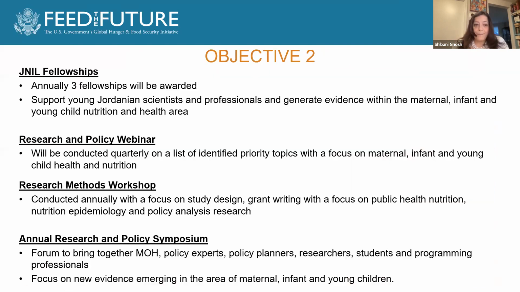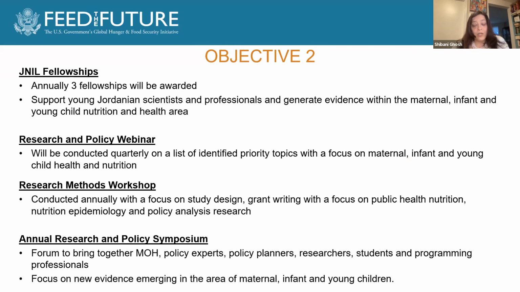Next slide, please. And in terms of objective 2, which is about generating capacity and linking it to research and policy, as I've outlined, we have several different activities. The first is a fellowship program, and it's a small fellowship program, but we hope to award 3 fellowships per year.